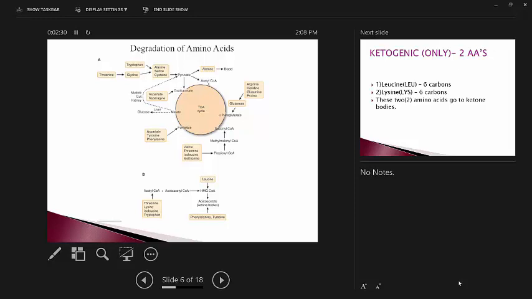What's the end product of a breakdown of fatty acids? Acetyl-CoA. So under normal conditions, not under gluconeogenesis, can the acetyl-CoA go into the Krebs cycle? Yeah, absolutely.